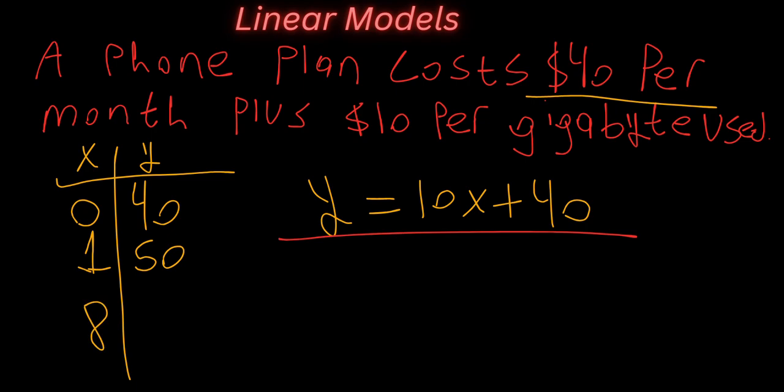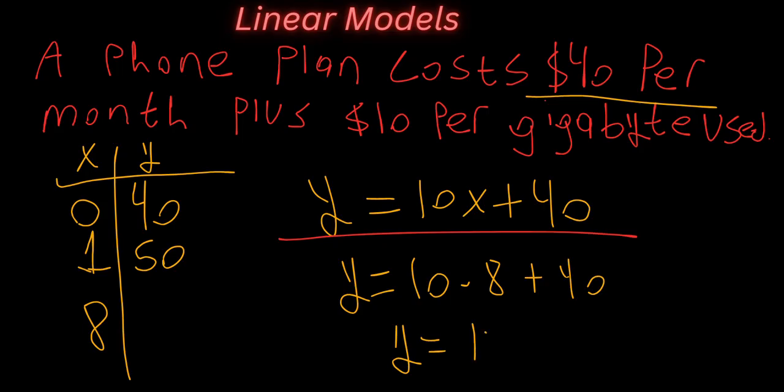Well, we would find the total cost of that month by saying y equals 10 times 8 plus 40, and you would find that y equals 80 plus 40, which is 120. And you would spend $120 on that phone plan. And you would either be angry at yourself, or whoever pays your phone bill would be very angry at you.